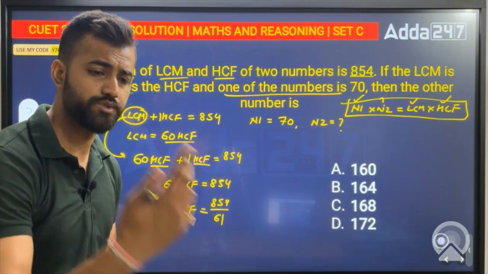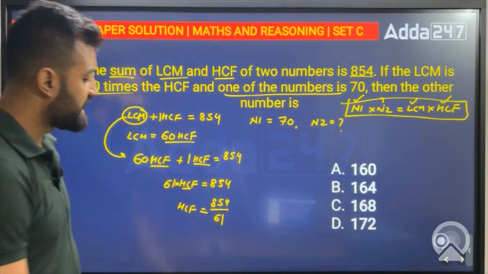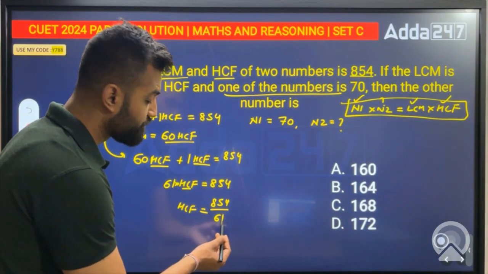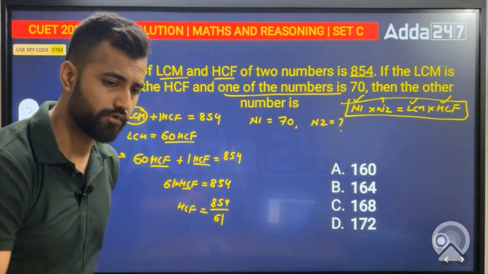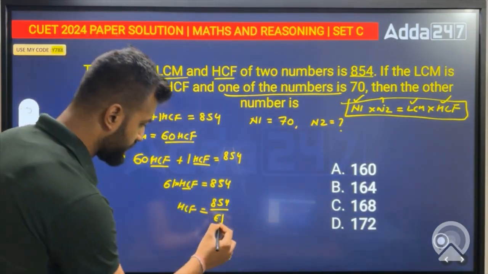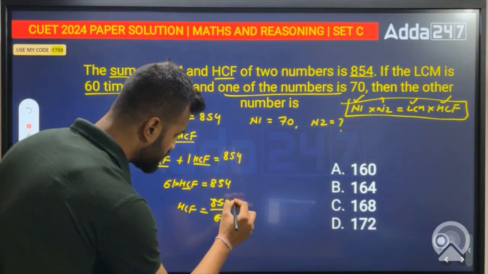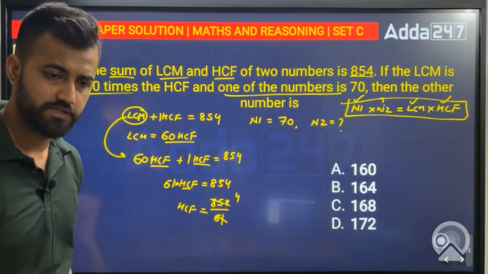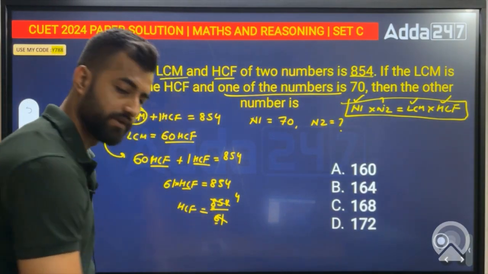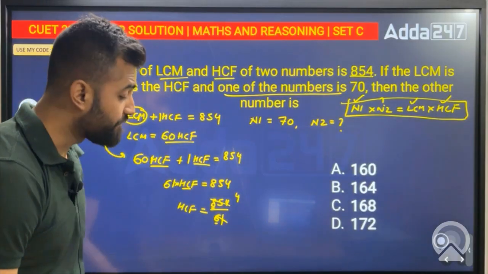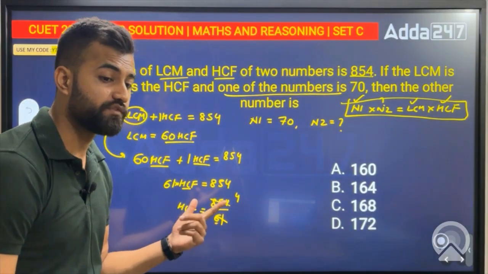Let me teach you a trick for how to do it. At the last, we have a 1 here and a 4. So tell me what you will multiply with 1 to get 4. Obviously 4. So 4 would come in the last. Now in front, we have 8 and 6.